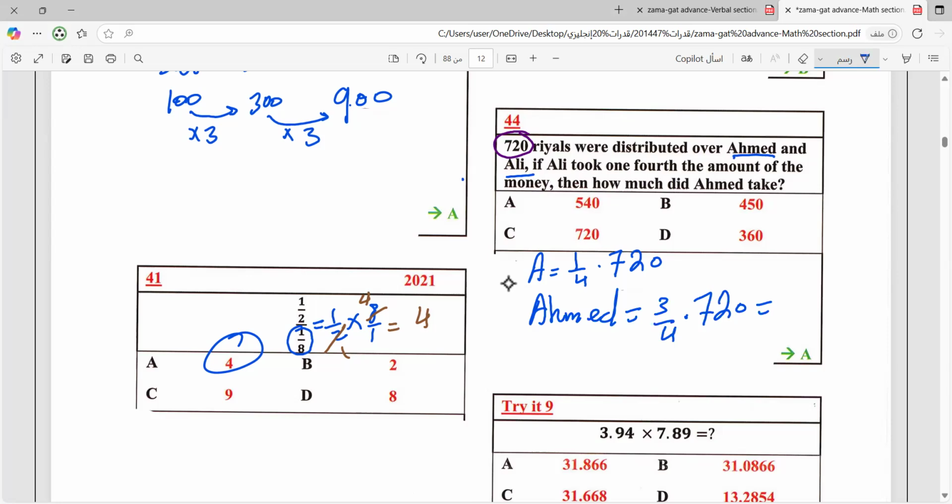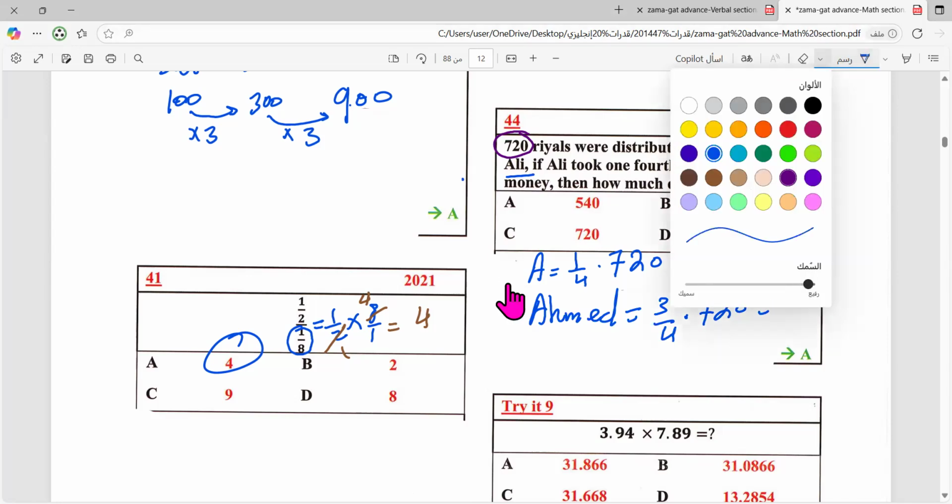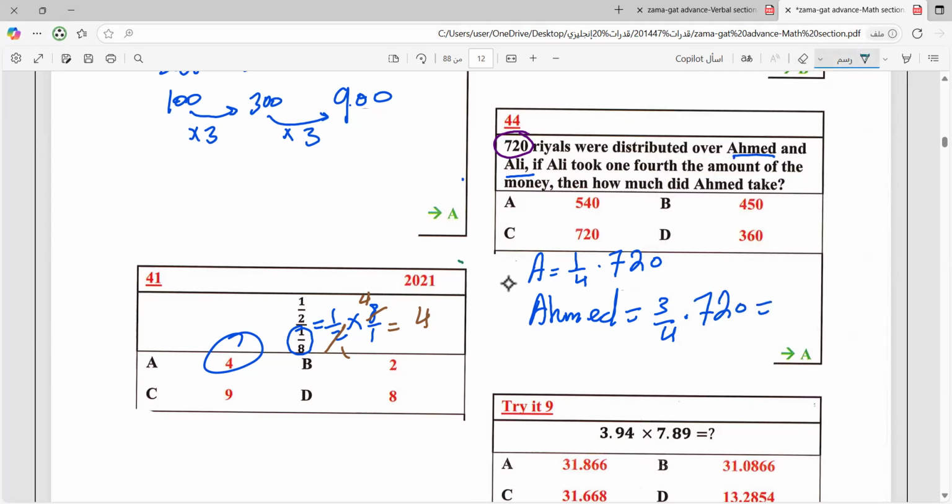Okay, when you divide it by 4, so here simplify by 4 is 1, by 4 here is 18, and we have 0. So then you multiply, you put 0, 3 times 8 equals 24.